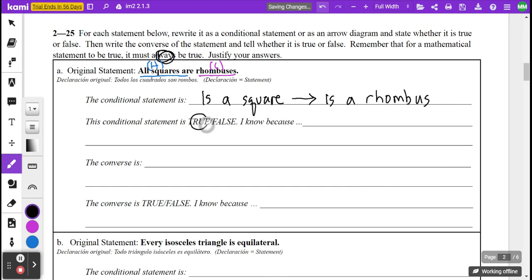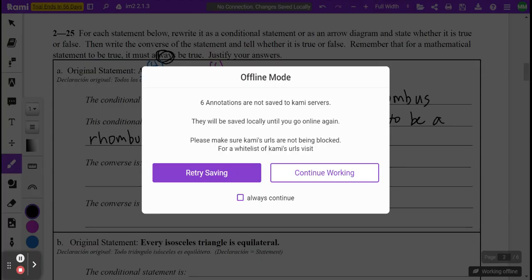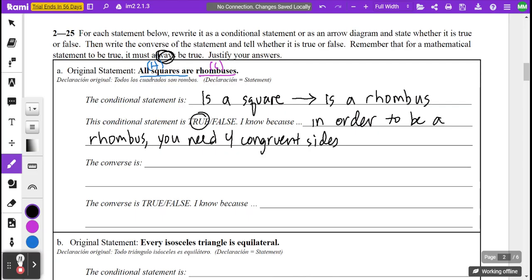And this statement is true, I know, because in order to be a rhombus, you need 4 congruent sides, and that's what a square has.